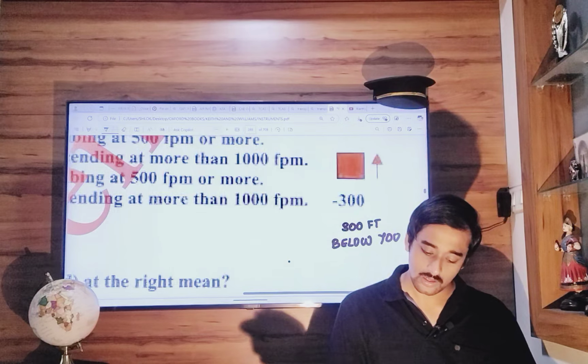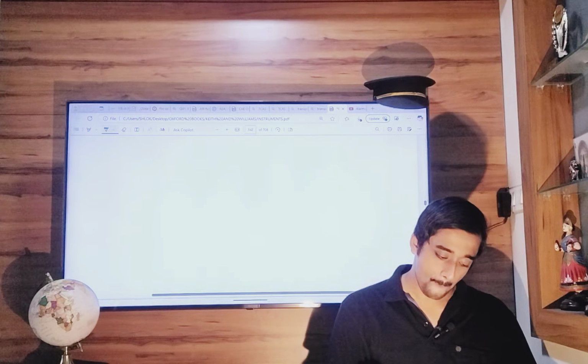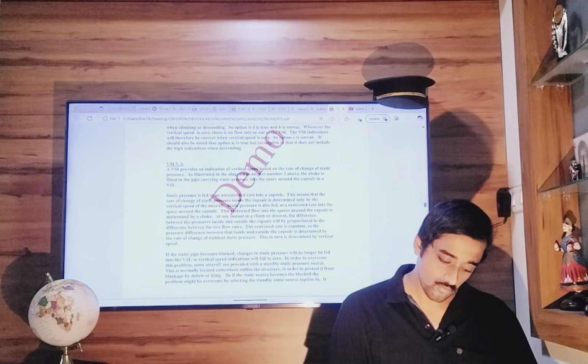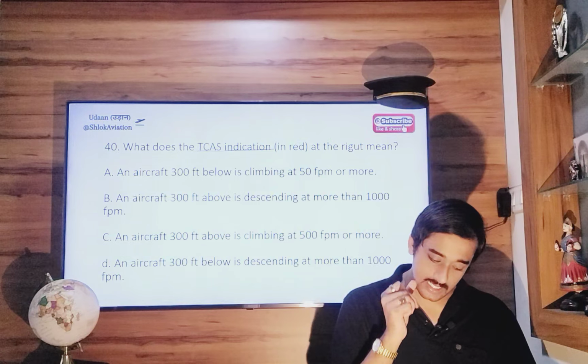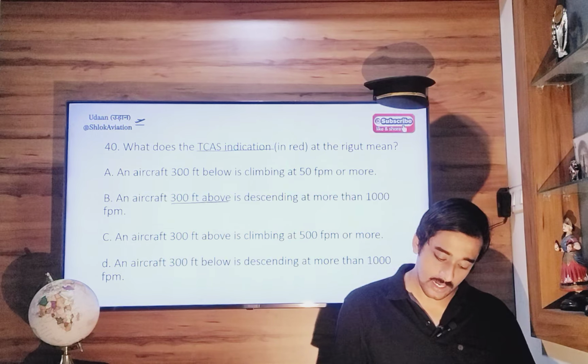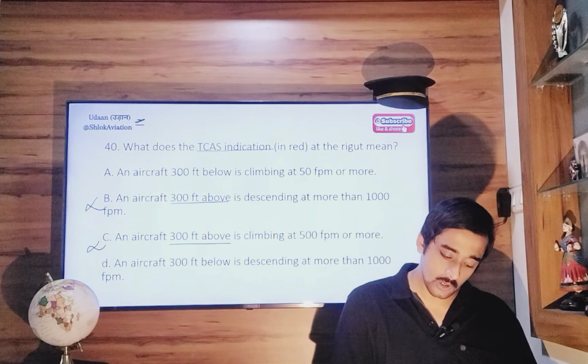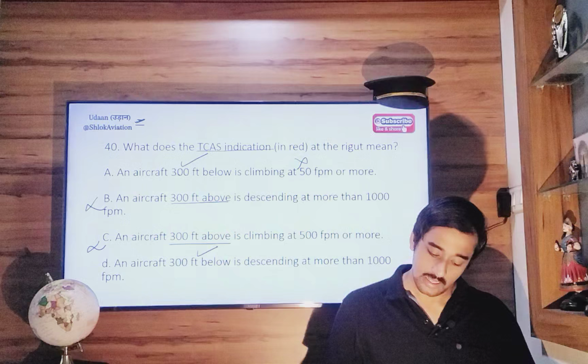Okay, so 300 feet below you. So the correct answer here is aircraft is 300 feet below, 300 feet above, that is wrong. 300 feet below, yes. Climbing at 50 feet per minute or more, wrong.